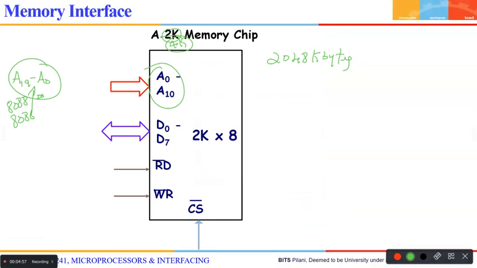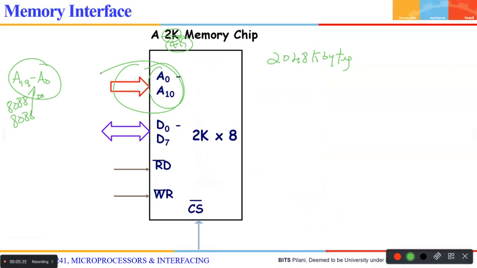For 8K? 13 address lines. Hope all of you remember this. I am spending more time on this because you should know exactly what it is. This is one of the important factors of your memory.